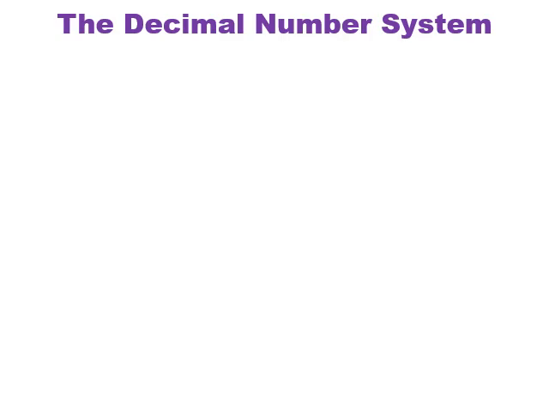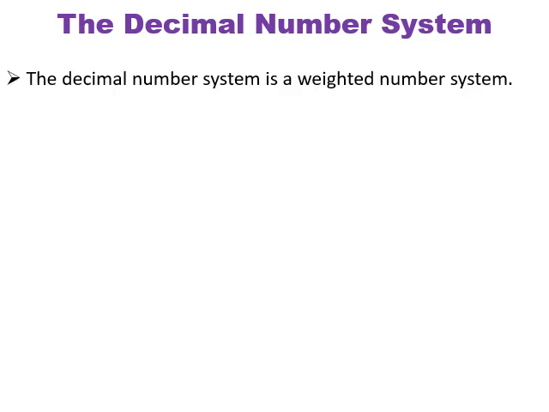Now let us discuss the decimal number system. The decimal number system is a weighted number system. It means that each and every digit will be having weight considering its position with respect to decimal point.